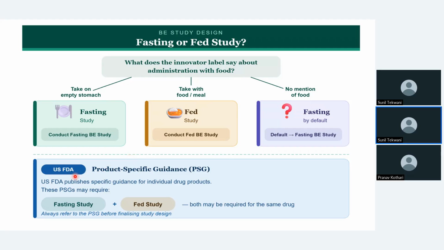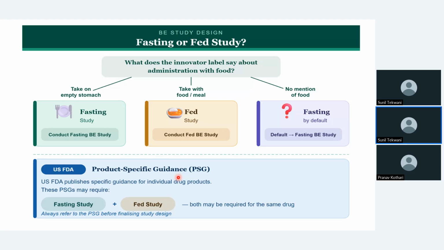For US, previously the guideline mentioned that for all the products you have to do fasting and fed study both to see the variability. But now US FDA has started giving product specific guidances. If you search on Google, suppose your drug is metformin, you will search metformin US FDA product specific guidance. A 2-page PDF will open.